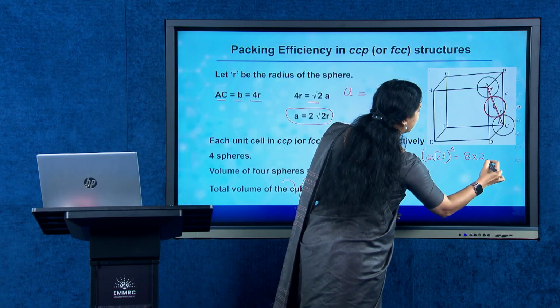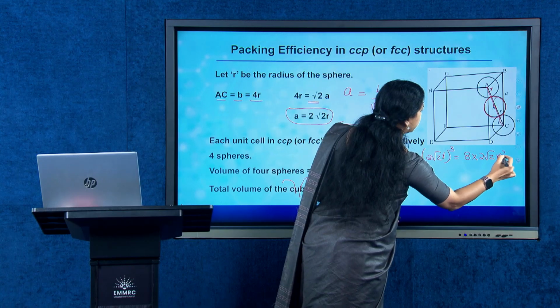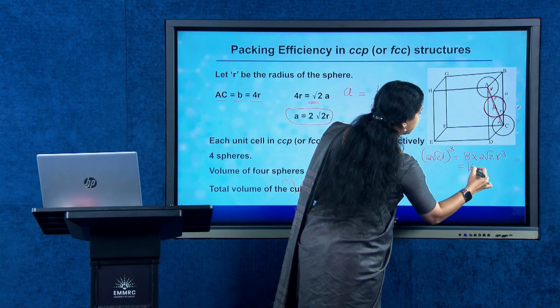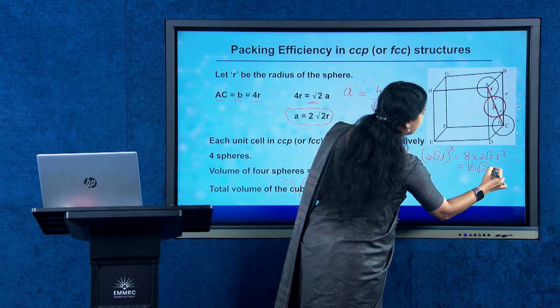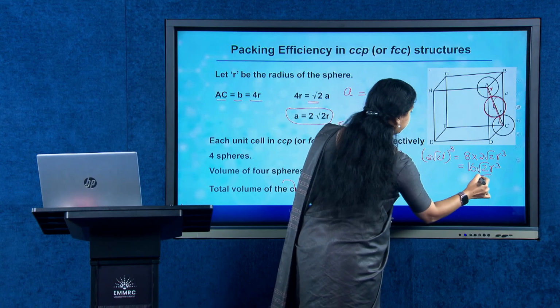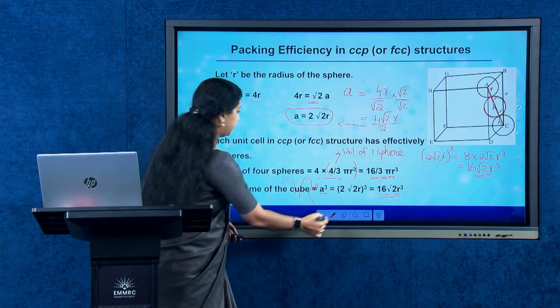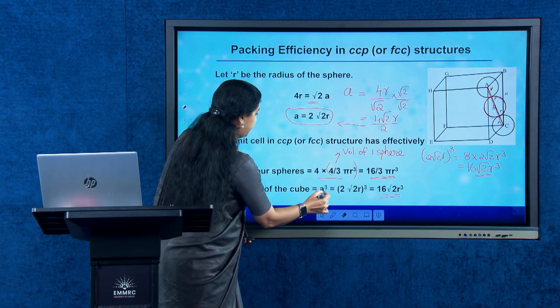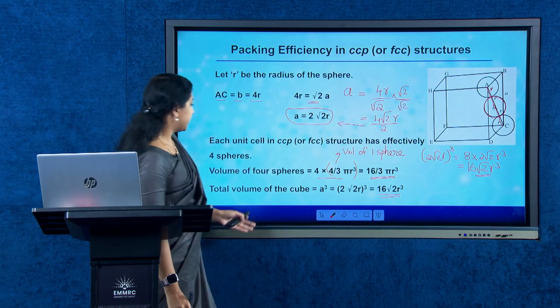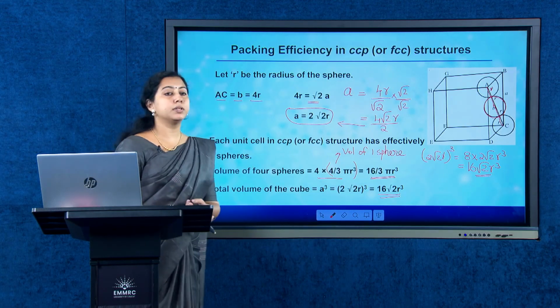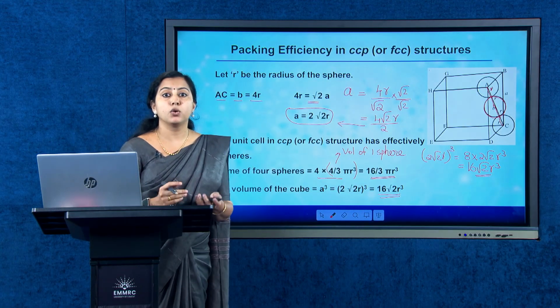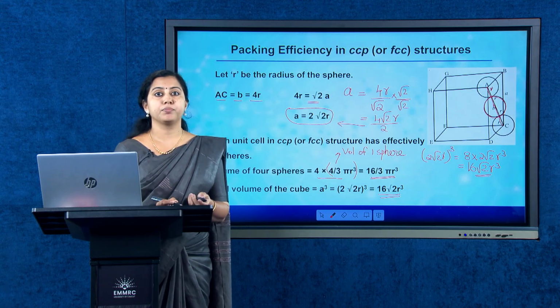So that will be equal to 8 into 2, 16, so 16 root 2 r cube. So we got the total volume of the cube A cube is equal to 16 root 2 r cube.